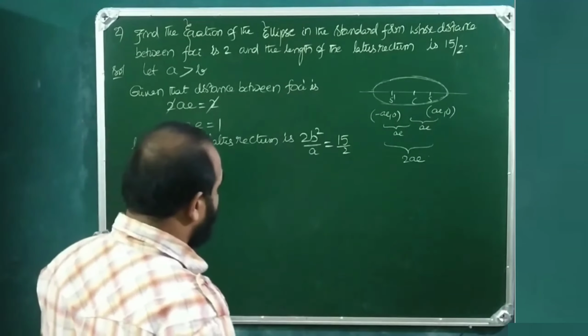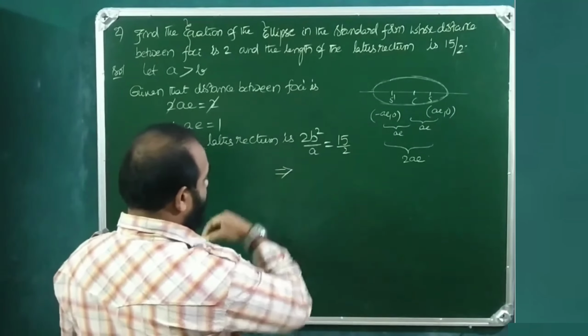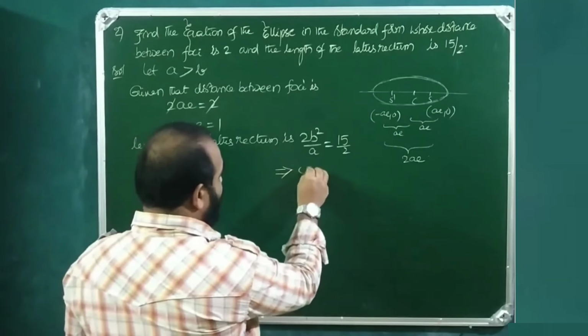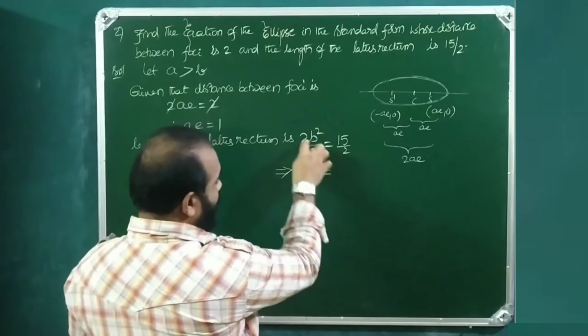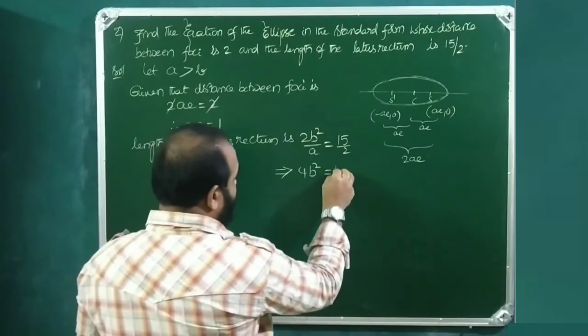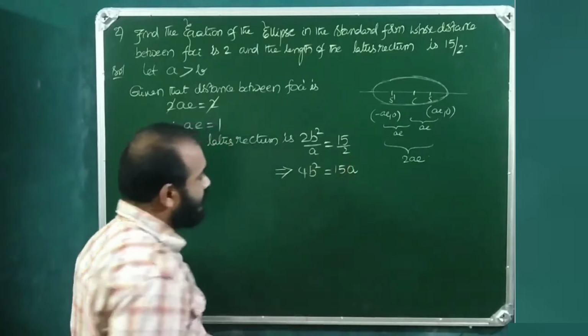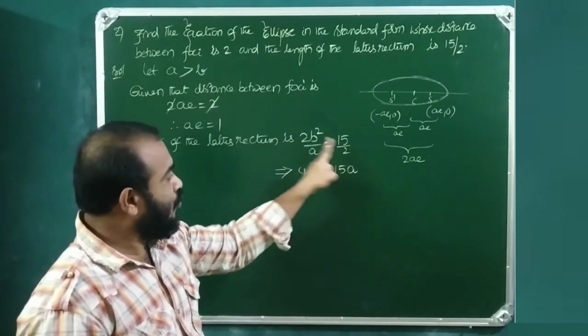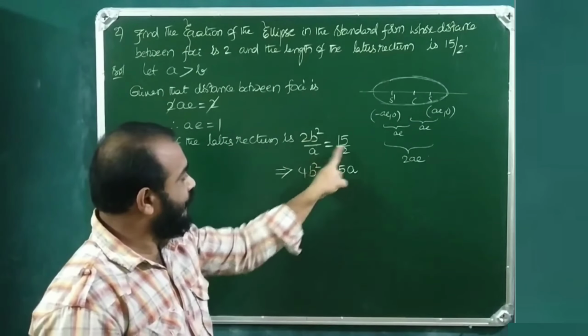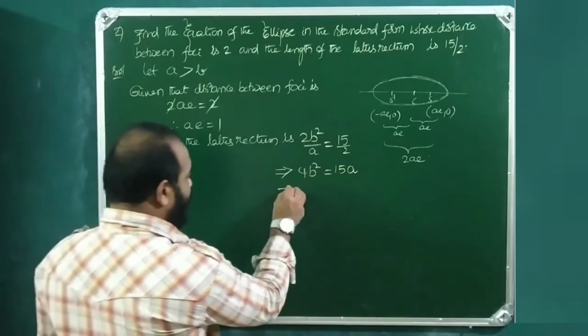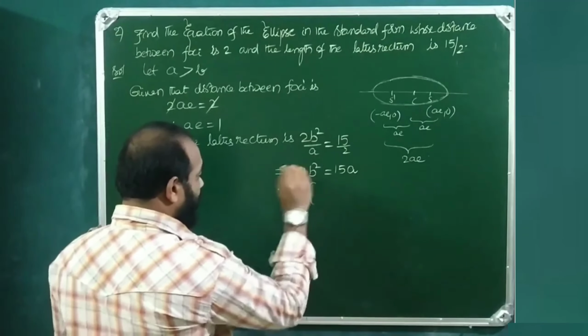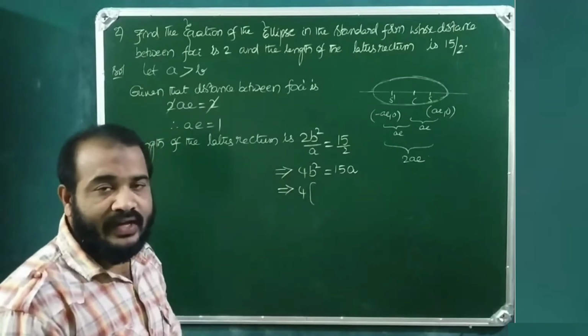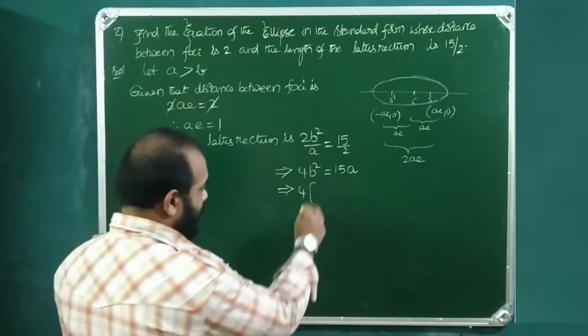So this is equals to, cross multiplication, 2 into 4b square is equals to 15a, so 4b square is equals to 15a. So from this, we know that b square is equals to a square into 1 minus e square.